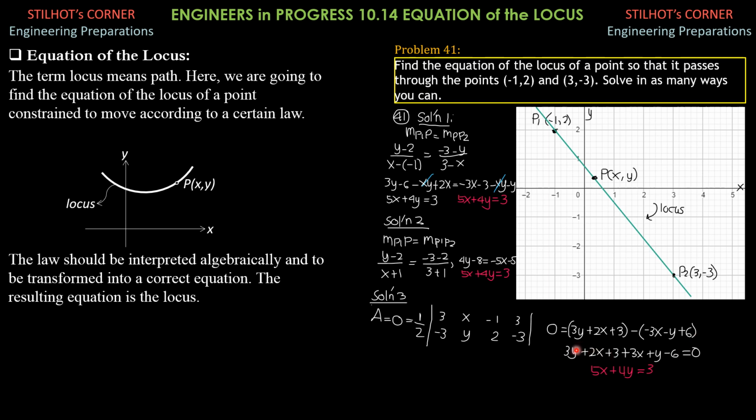So we have 3y plus 2x plus 3 plus 3x, then negative of negative y is positive y, negative of positive 6 is negative 6, equals 0. Combining like terms, 2x plus 3x is 5x, 3y plus y is 4y, then positive 3 minus 6 gives negative 3, so 5x plus 4y equals 3. So that's it. Those are the 3 solutions I have been presenting for problem 41.